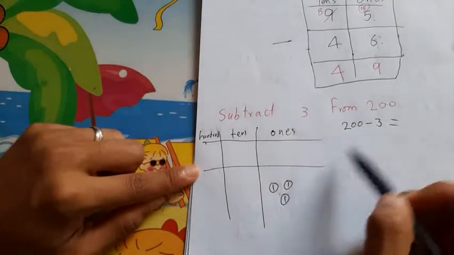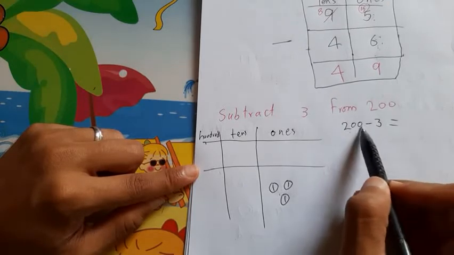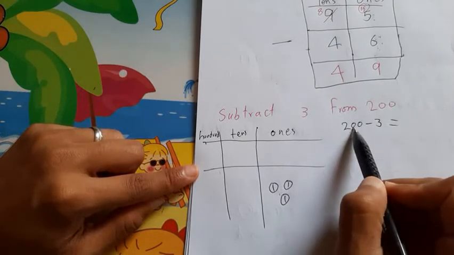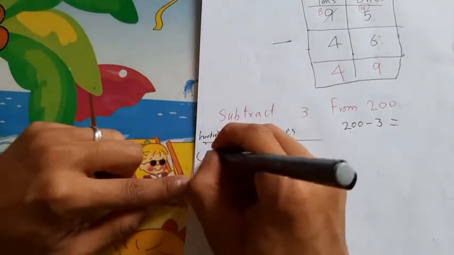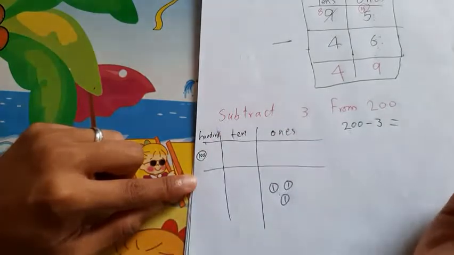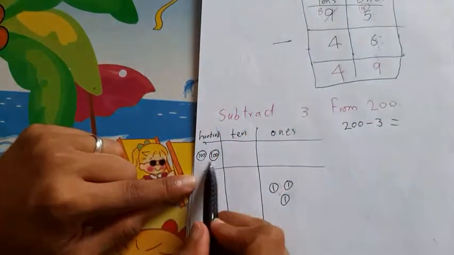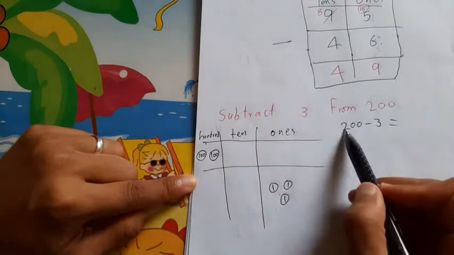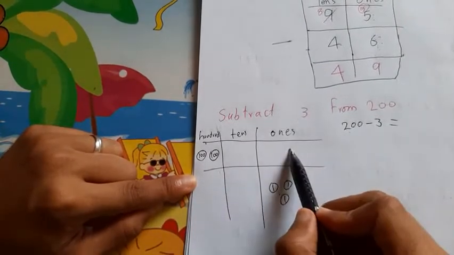So for the 200, how many ones? 0 ones, 0 tens. How many hundreds? 200 means 100 and 100, so we have 2 hundreds, 0 in the tens, 0 in the ones.